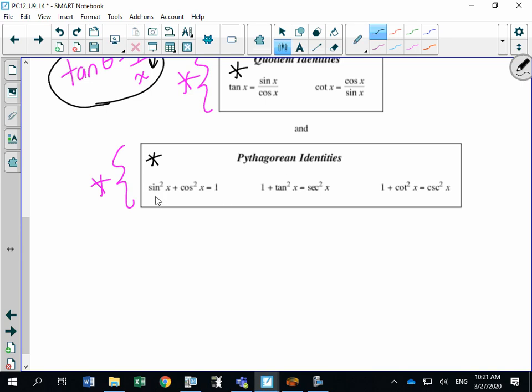So for example, if I said, well, what does sine squared theta equal to? Like, what would this identity by itself be? If I said just isolate sine squared theta, you would say, okay, well, sine squared x is equal to 1 minus cos squared x, right? You get rid of cos squared x from each side.